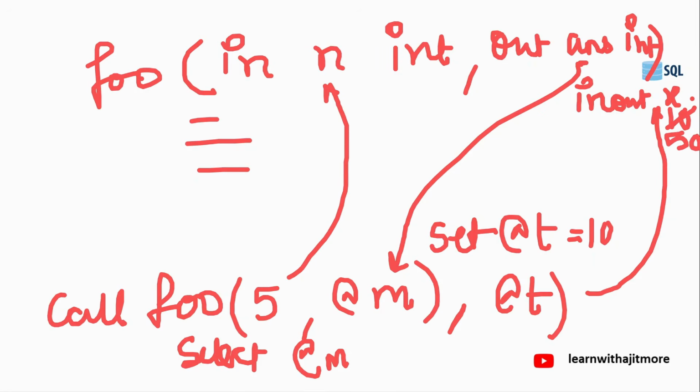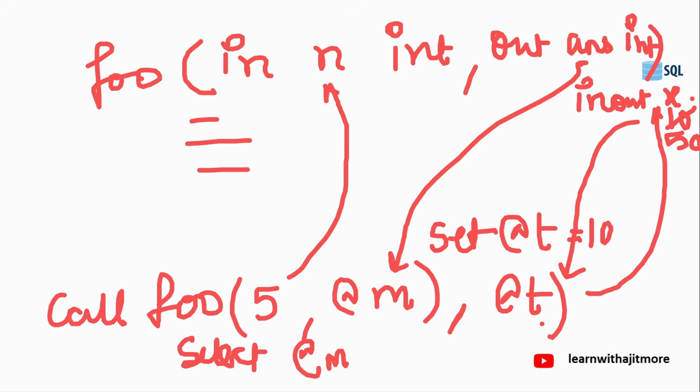And when the procedure is over, the latest value is again copied in T. Means from here the value goes also. You use it, produce some new result, store it, and when the procedure is over, that value is again copied in your variable. Therefore, it is in out. Means you give also in it, procedure stores something, and that value is again copied in your variable.